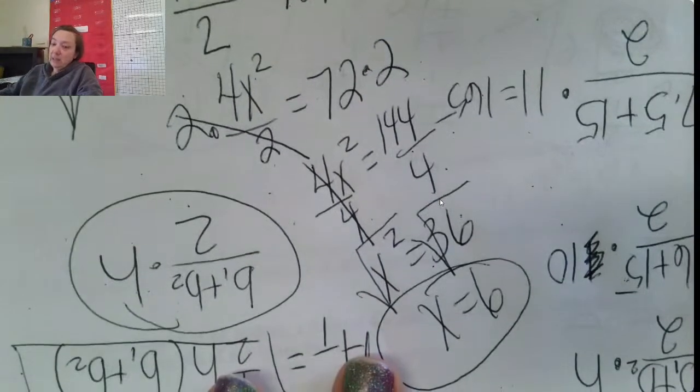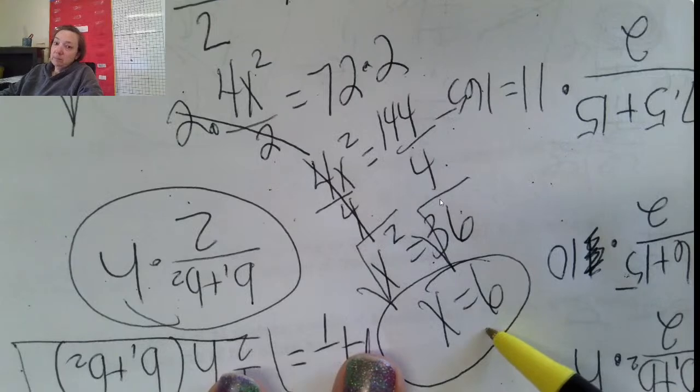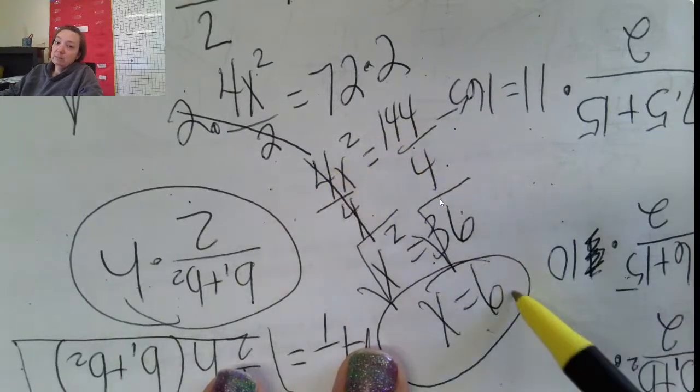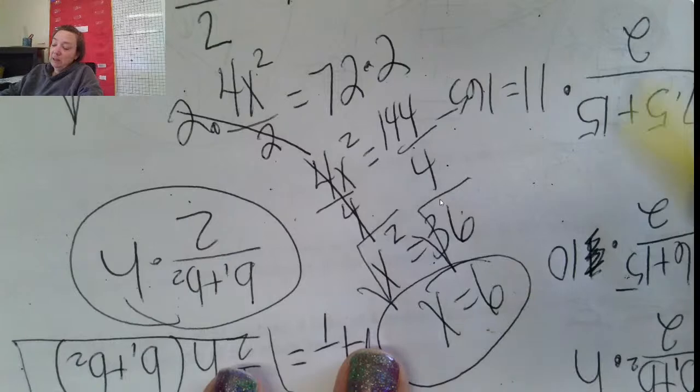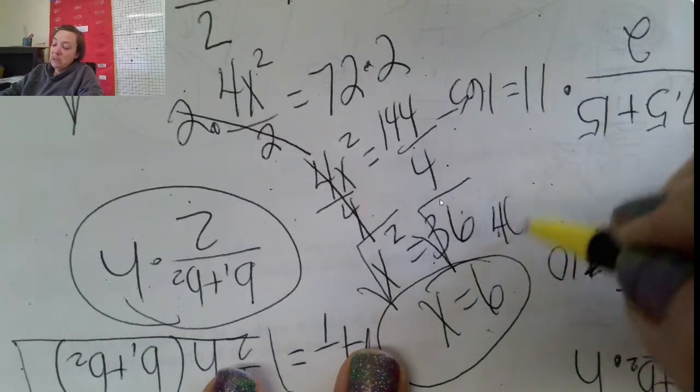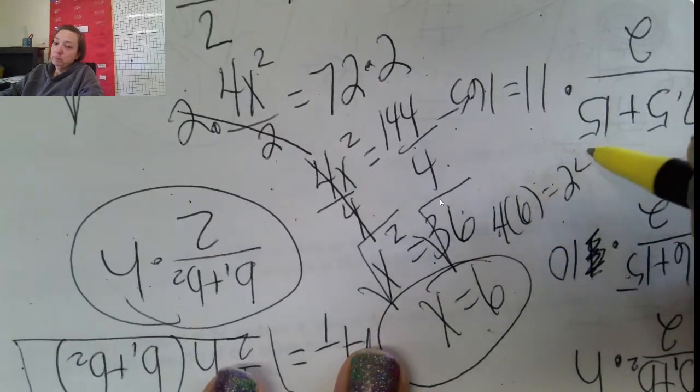So there's the 6, and how we found the 6. And then the other one was 4 times 6, so it's 24.